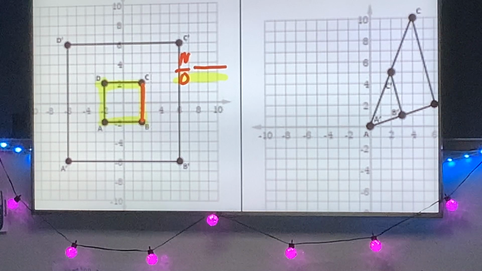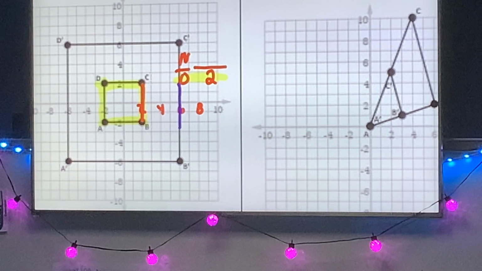So what number did I just go through on my x-axis? 2. Everybody see that? They went through 2. And these are labeling every other one, just so you know that. So whichever side I use on that figure, I have to use the same side on the other figure.